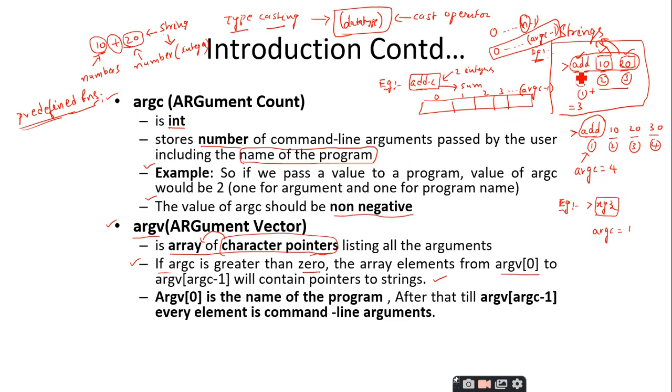In this example, I have the program name as the first parameter or the first argument. Therefore, the name of the program is always stored in argument vector of 0. That means the program name is stored in the index 0 like this.